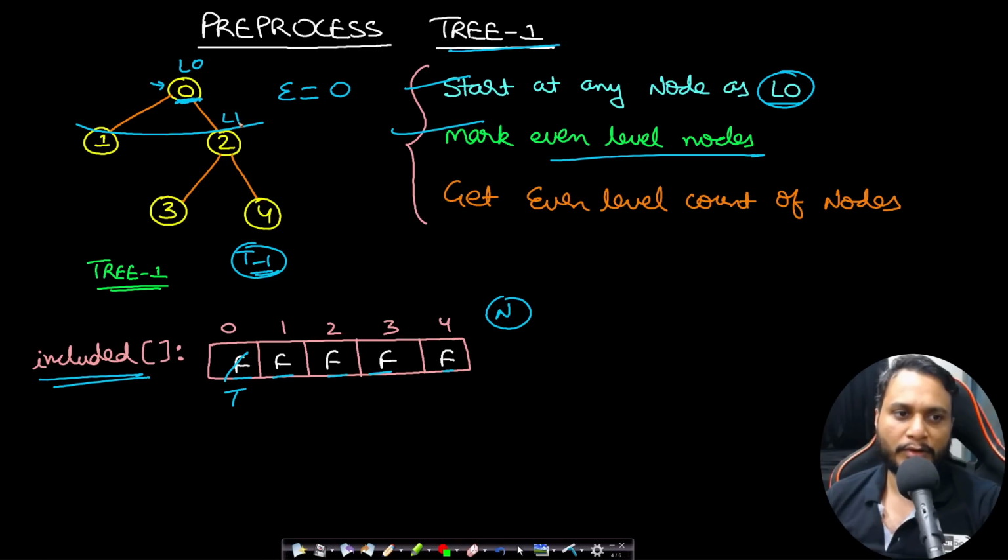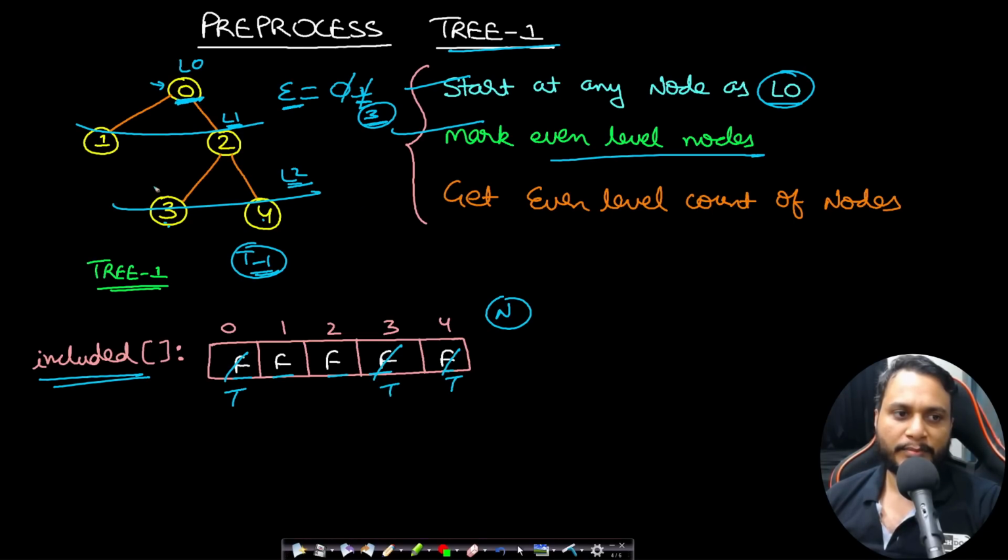The next level will be all level 1, which is odd. So no addition will be done for even level. I just added 1 for the start point. Now when you go to the next level, this is level 2, and so 3 and 4 will contribute 2 in the even size counter. So that will be adding 3, and 3 and 4 will be marked as true in the included array, right?